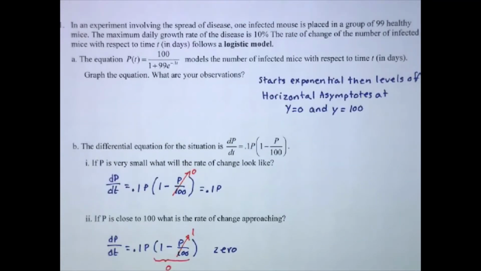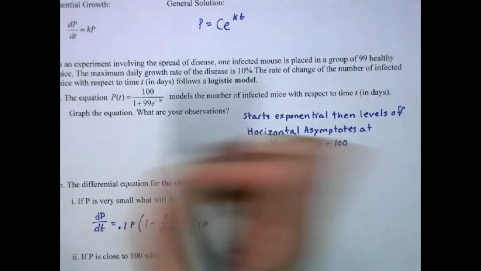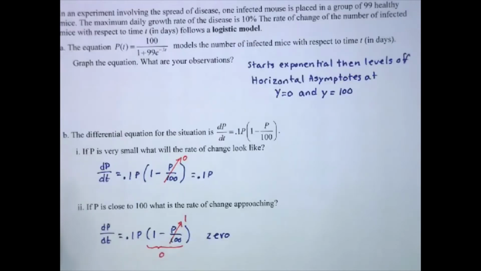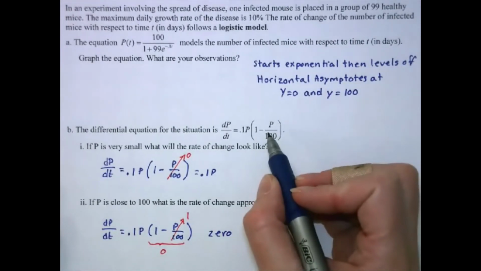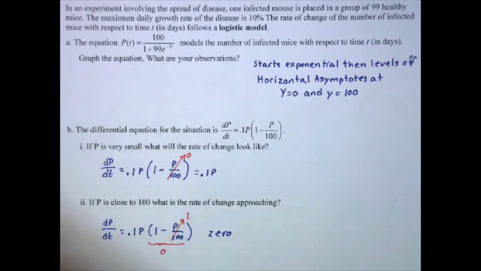So let's look at some of the information and how that fits into the differential equation and ultimately the solution. The 100: if we have 1 mouse and we've dropped it in with 99, we have a total of 100. So that's where this value is coming from in the differential equation, and that's where this value is coming from in the logistic equation.